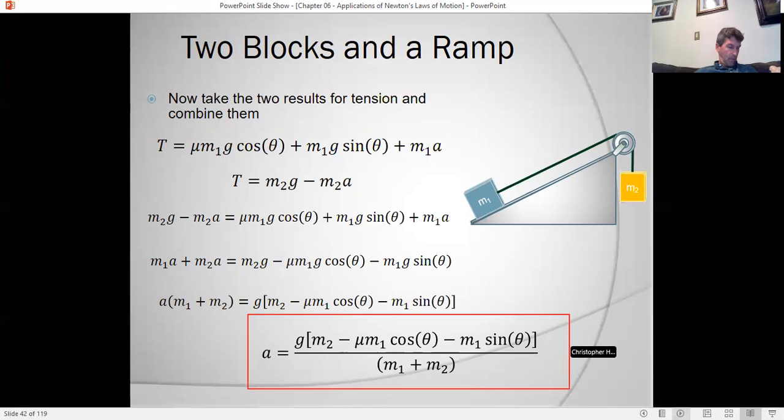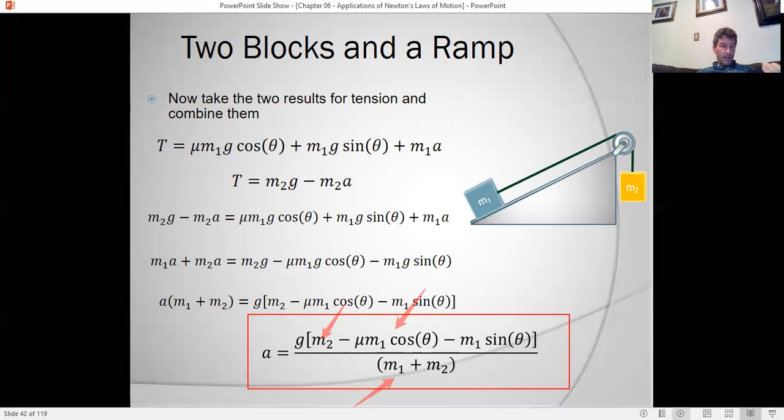What do we see? We still see m1 plus m2 in the denominator. We still have m2 right here. Friction's a little different. Instead of friction simply being mu times m1g, it becomes mu m1g times cosine theta.